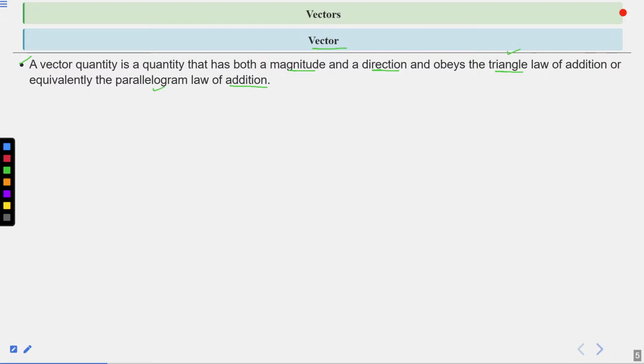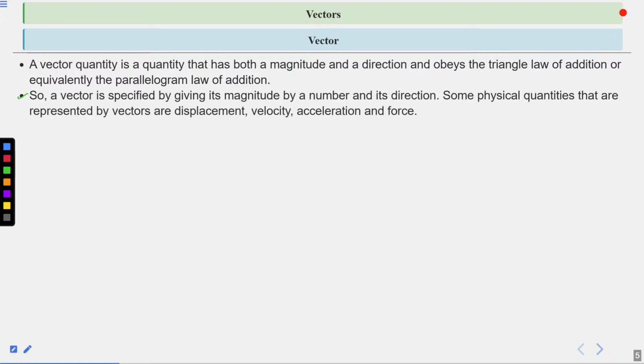In upcoming lectures, we will discuss the triangle law of vector addition and the parallelogram law of vector addition briefly.